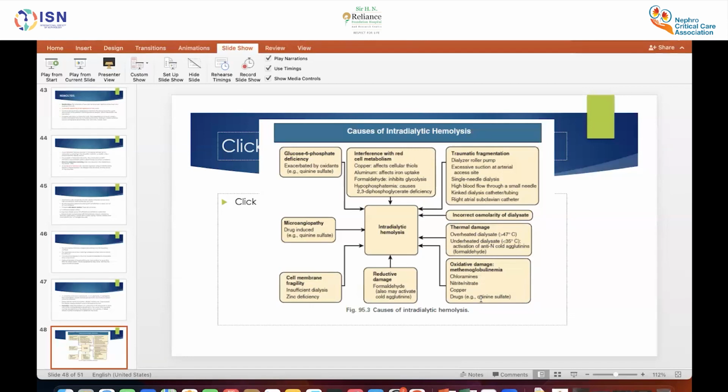Let us say there are two forces. One is oncotic force, which is present in the intravascular compartment. Another is Starling force, which is also present in the intravascular compartment. Whereas in the interstitial compartment, there is oncotic pressure as well as hydraulic pressure.